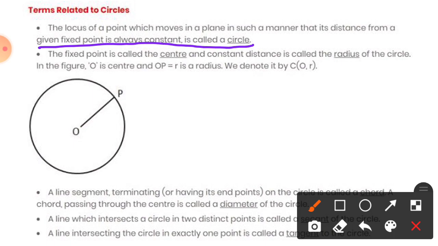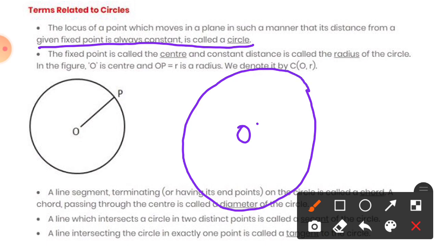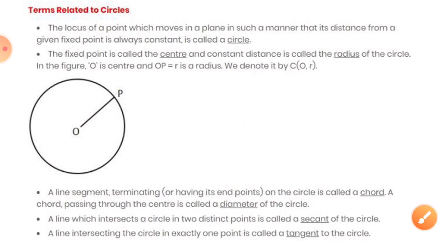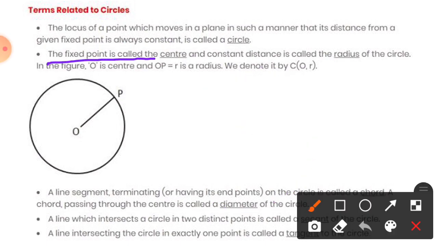Let's assume a locus point P moves around the fixed point O, and this shape is created. This is known as a circle. Correct? Very good.